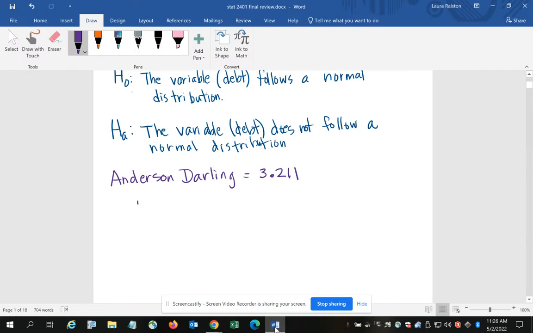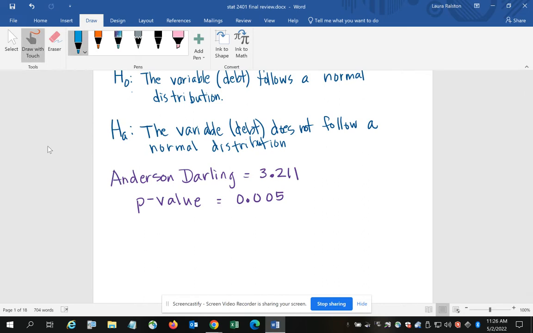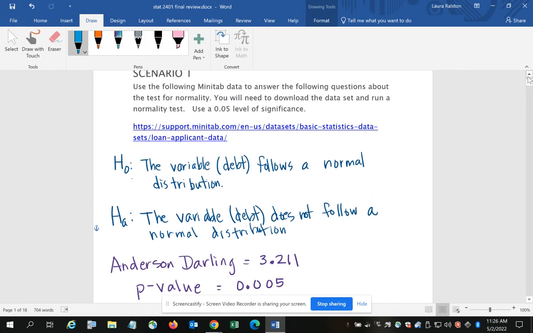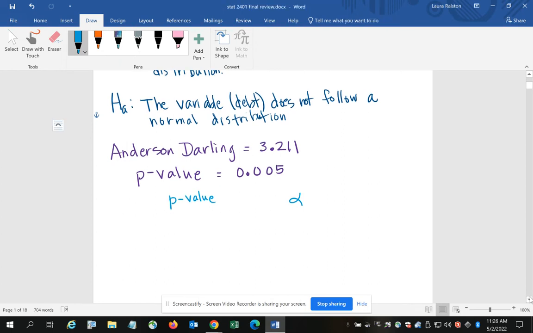Okay, so the corresponding p-value for Anderson-Darling is really less than, but we'll say it's 0.005. We're then going to compare that p-value that we just found to the alpha, which I believe the level of significance given in the problem was 0.05, but let's double check. Use a 0.05 level of significance. Okay, so we're going to compare 0.005 to 0.05.